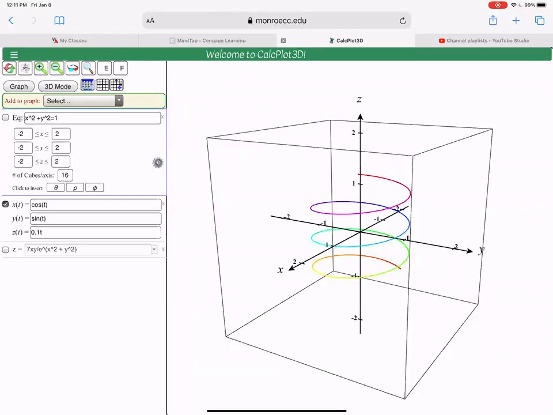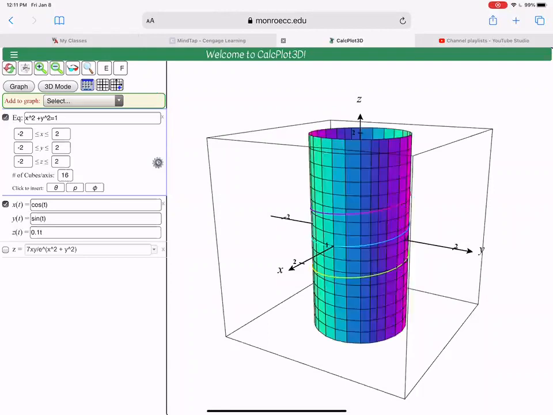Now you see this helix, looking at only the space curve. And if you want to see what it is drawn on, you see the cylinder as well, which is x squared plus y squared equal to 1.